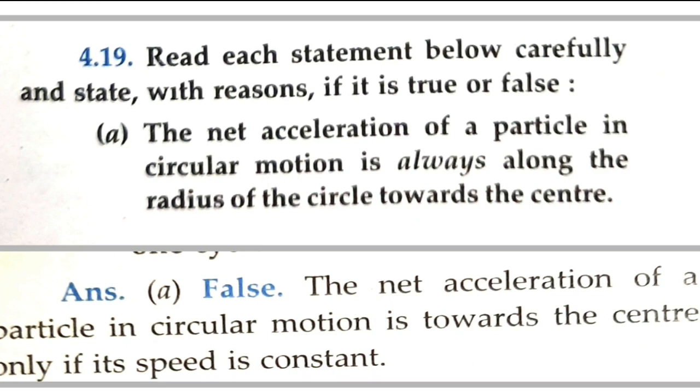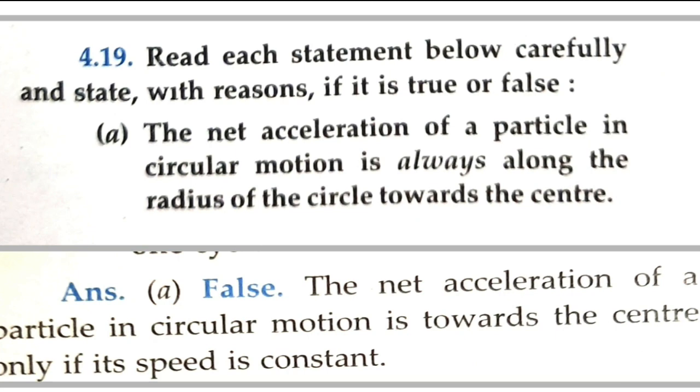So we know centripetal acceleration is directed towards the center. But in general circular motion, if the speed is not constant, along the tangent also there will be an acceleration. We call that acceleration tangential acceleration, and centripetal acceleration is acting along the radius.